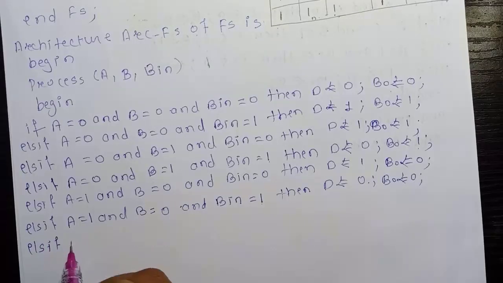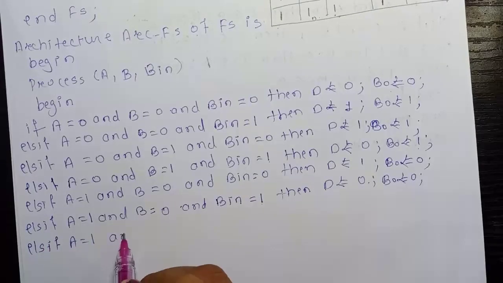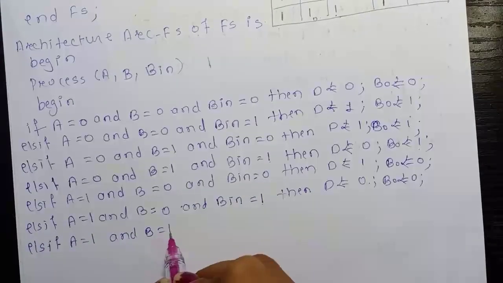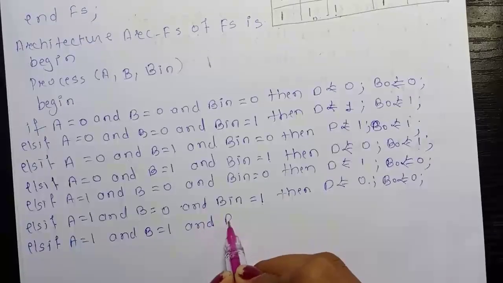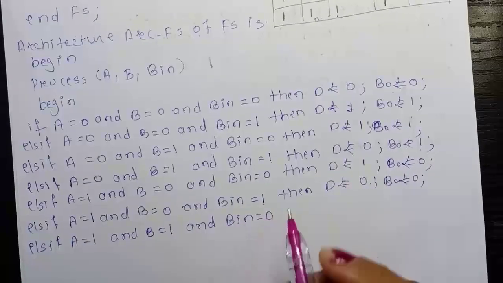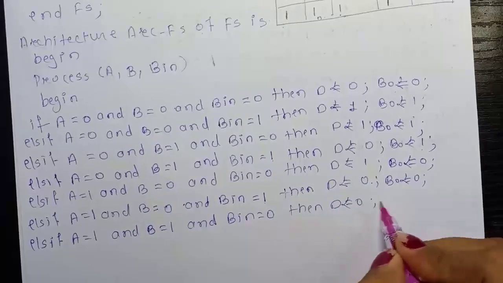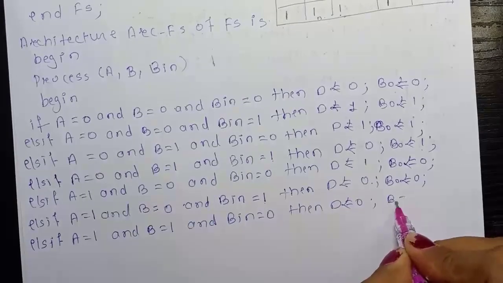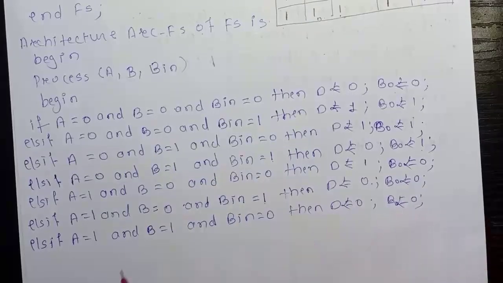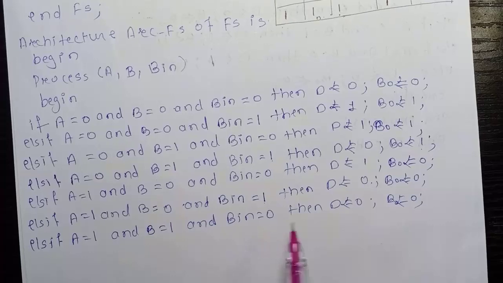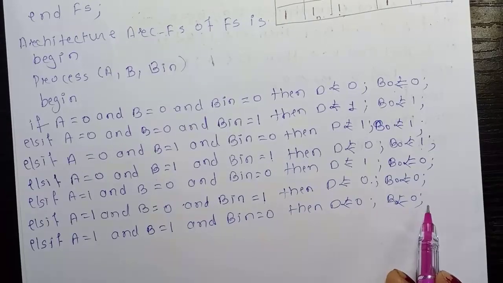Else if A is equals to 1, B is equals to 1 and borrow in is equals to 0. So I will get difference 0 and borrow out again 0, because 1 minus 1 is 0, then 0 subtracted with 0, so difference 0 and borrow is again 0.